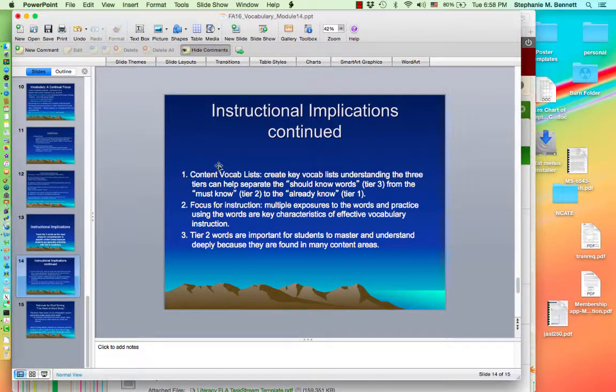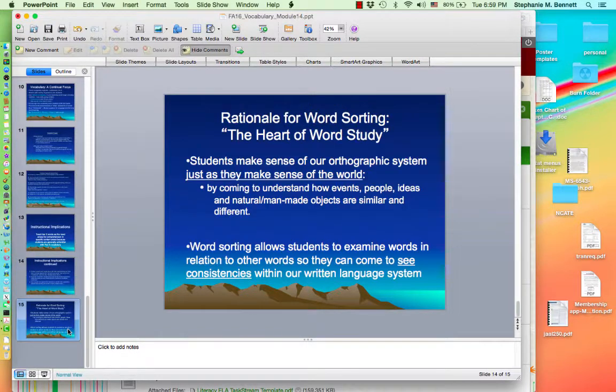Two ways we can do that, and then also remembering to teach Tier 2 words, is creating content vocabulary lists. So when you're thinking about your instruction and your unit, what are the words that students should know in order to make sense of what they're reading, from the must know, which is your Tier 2s, to the already know, which is Tier 1. Providing them multiple exposures to the words and practice using them, and then remembering to teach Tier 2 words in the classroom.